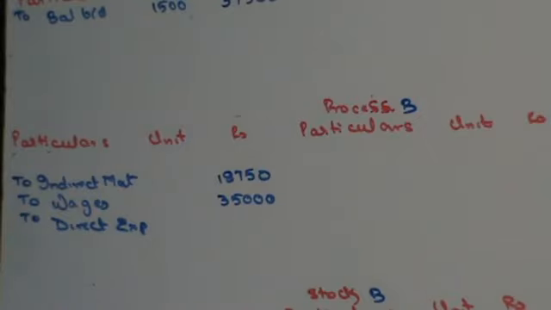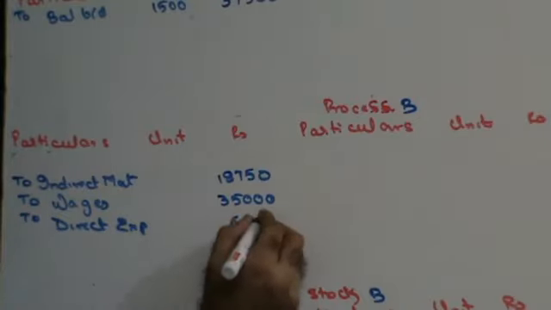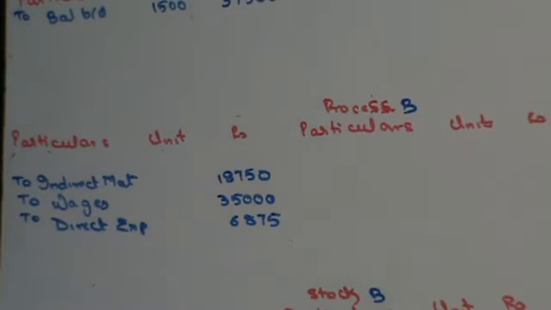Direct expenses is given to you as 6,875. Then they've given you value of opening stock per unit. We will see that later. Scrap per unit later. Output later.